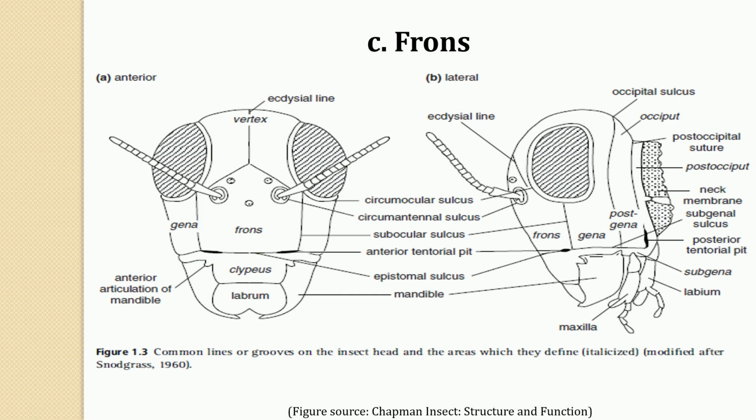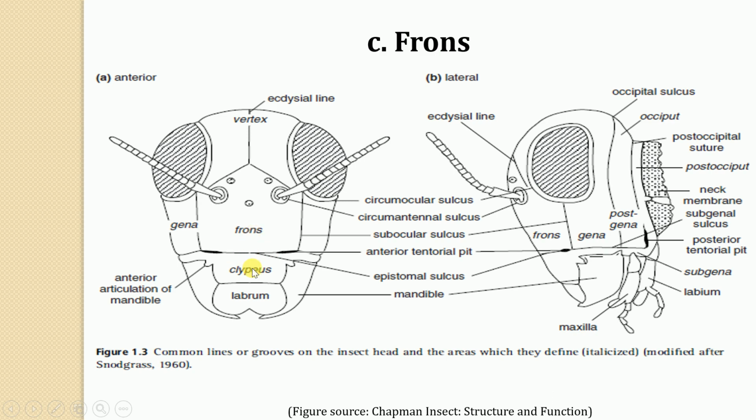Then how do we demarcate between the clypeus and frons? You have to see the position of the anterior tentorial pit, as these pits always lie on the clypeofrontal suture. So in cockroaches the suture is not present, but you can make out the anterior tentorial pit, and where it is located is the demarcating boundary between the clypeus and the frons.